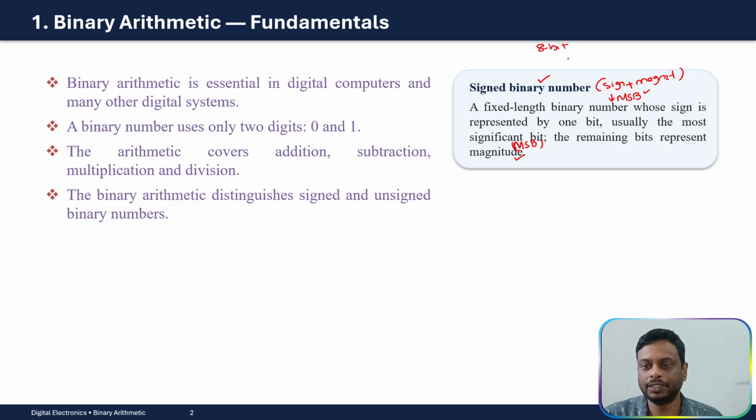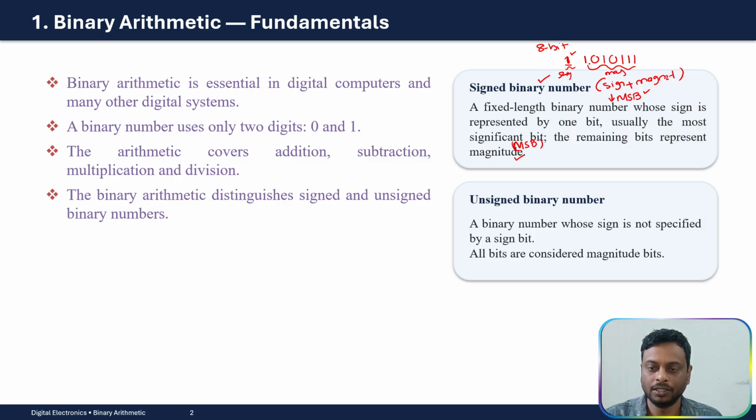The first bit, the MSB, is reserved for the sign of that number. This single bit is the sign bit, and the remaining bits are the magnitude bits. This is the signed binary number.